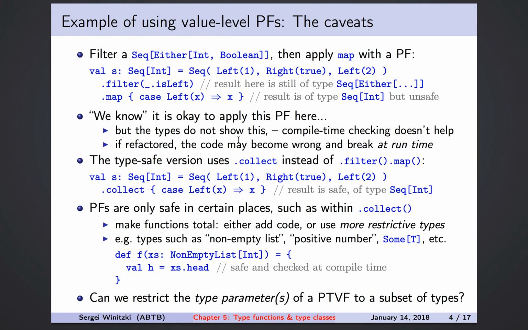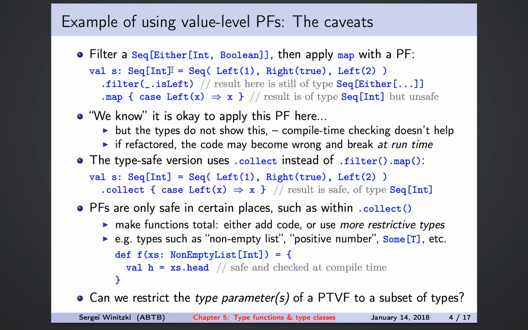Before we do that, let's look at an example of using value-level partial functions, and let's see what the issue there is. Imagine we have a sequence of Either Int Boolean, and we want to find the elements in that sequence that are in the left part of the disjunction, having an integer, and we just want to get a sequence of those integers out of this sequence.